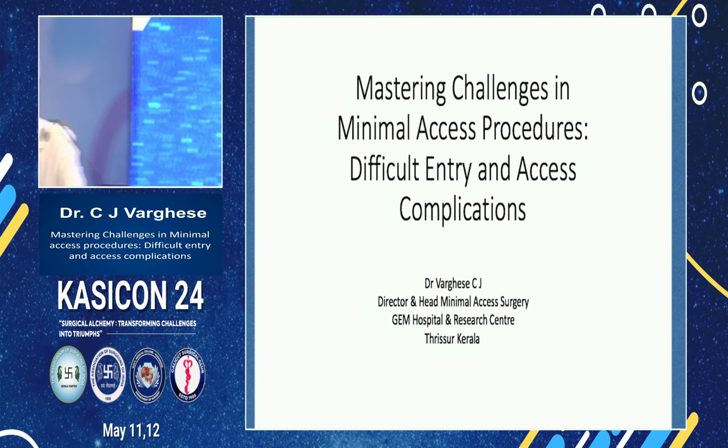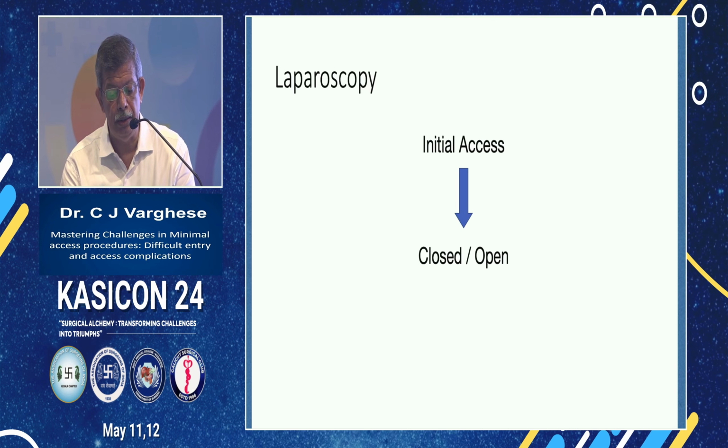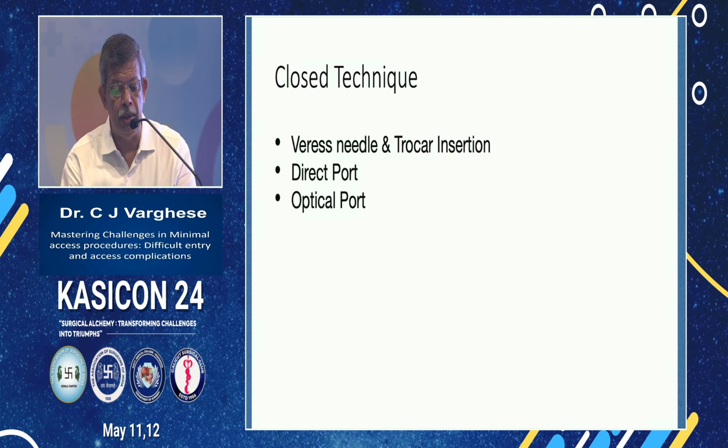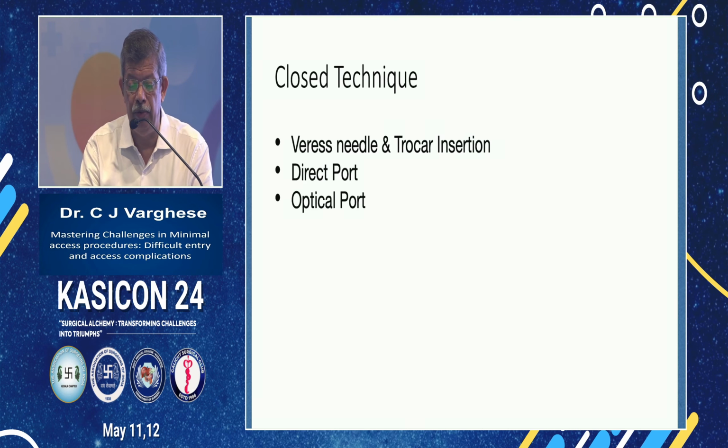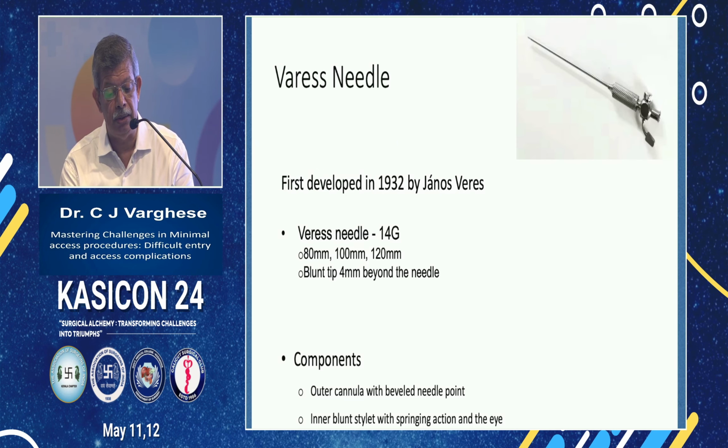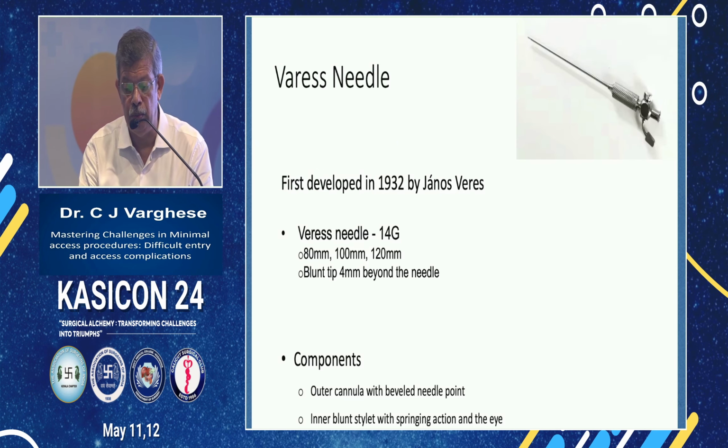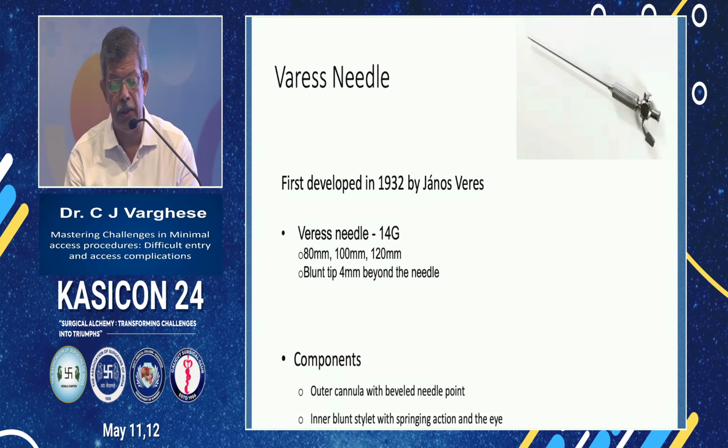There are different types of access to the abdomen by laparoscopy: closed as well as open. In the closed method, we have the Veress needle method, a direct port approach and an optical port approach. The Veress needle was introduced in 1932. We are all familiar with this needle.